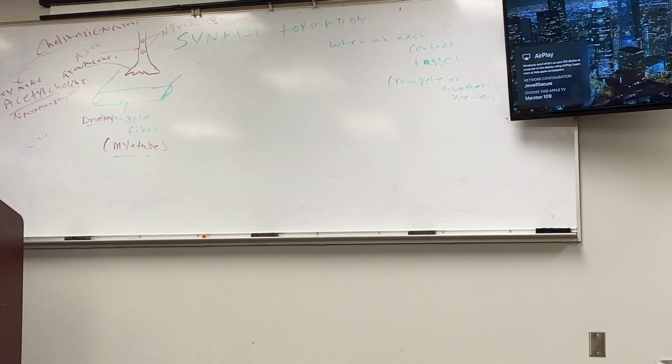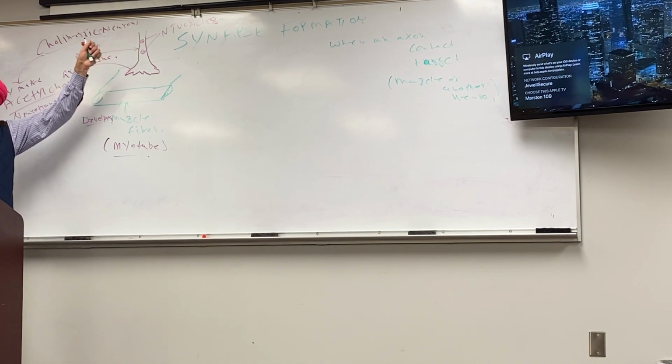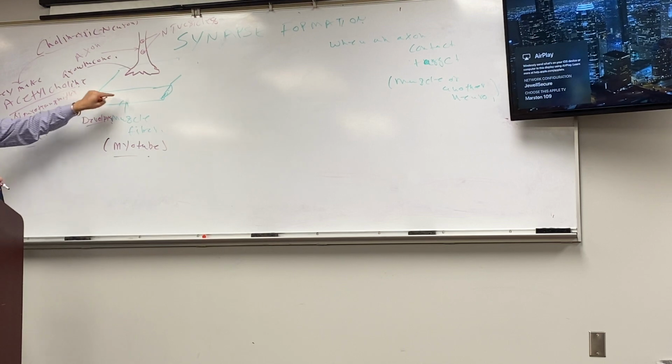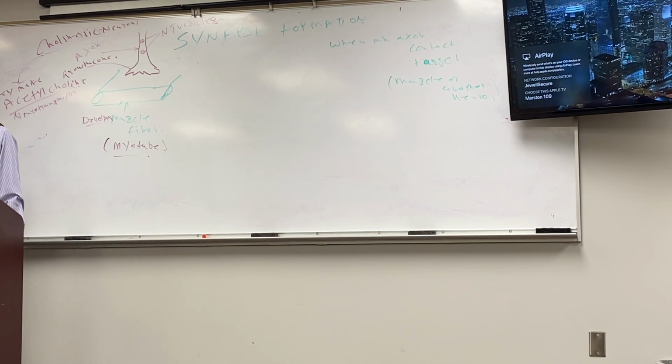Now, if the neurotransmitter vesicles are there, it's the acetylcholine, then on the muscle you should have the receptors for the acetylcholine, right?